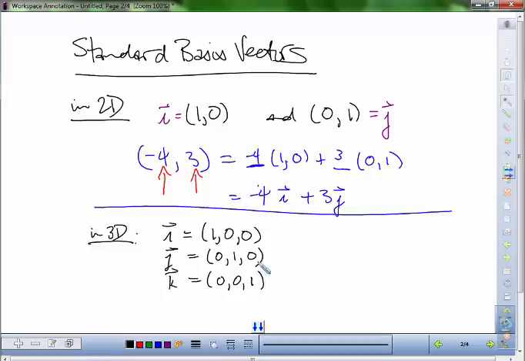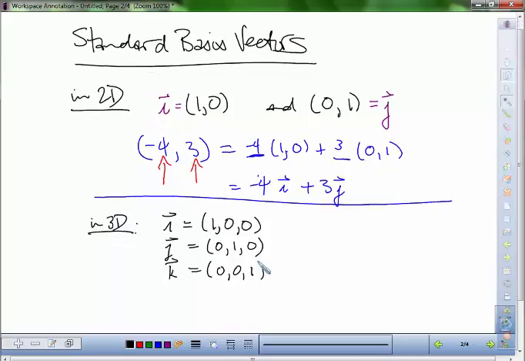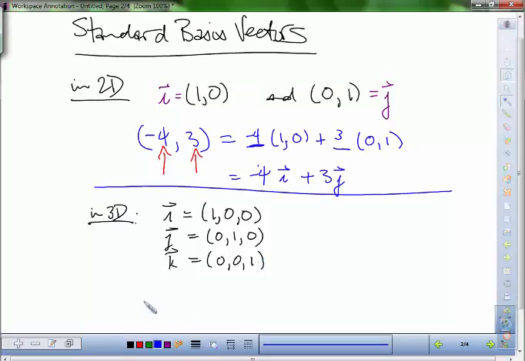When you have any random vector in 3 dimensions, you can write it as a linear combination of i, j, and k, and that's your standard basis notation. So when you see a vector 3i minus 2j plus 7k, it's understood that you are talking about the vector <3, -2, 7>.